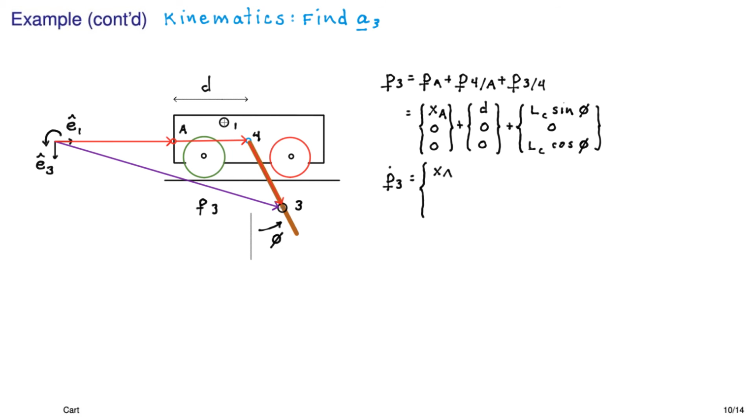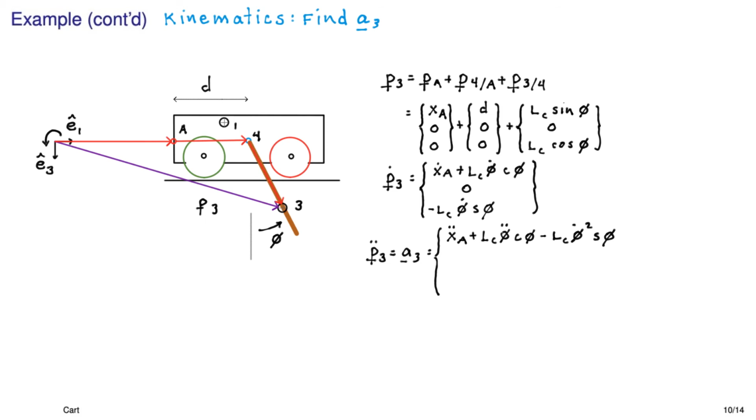And that's it. Now we just differentiate that twice to get our acceleration. So there's the first derivative, and here's the second derivative. And we've got it. That's our A31 and A33.